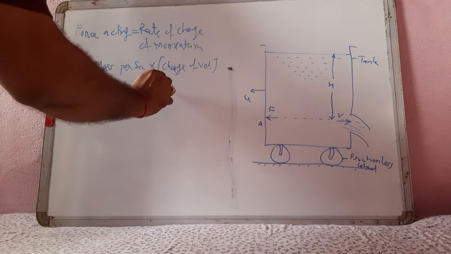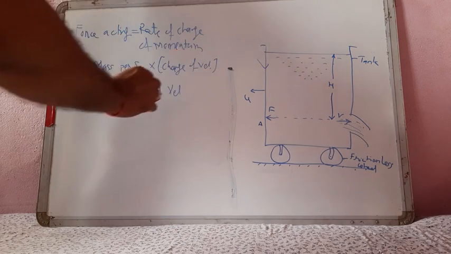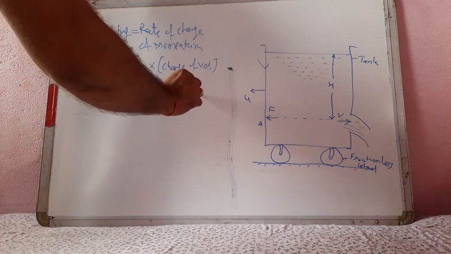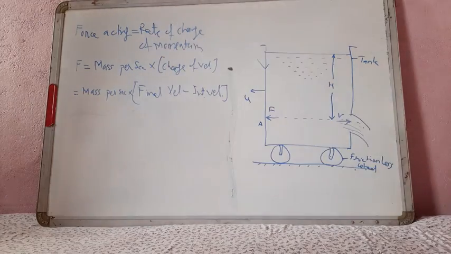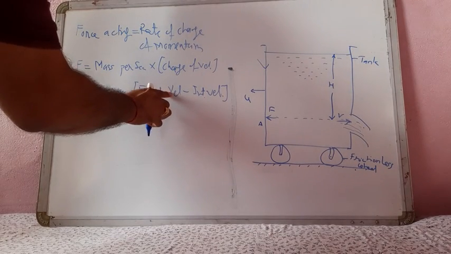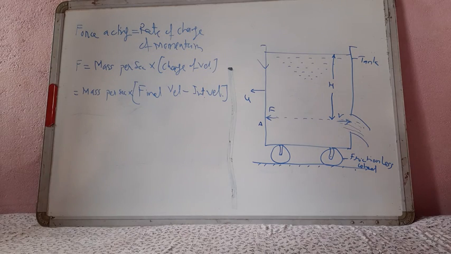Here we have to find the change of velocity with respect to the tank. So we have to find final velocity minus initial velocity. In the earlier cases we used initial velocity minus final velocity because we had to find the force on the plate where the jet strikes, but here we have to find the force on the tank, so we use final velocity minus initial velocity.